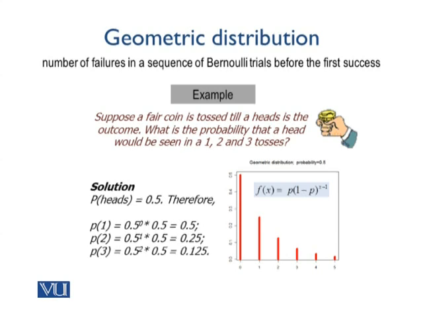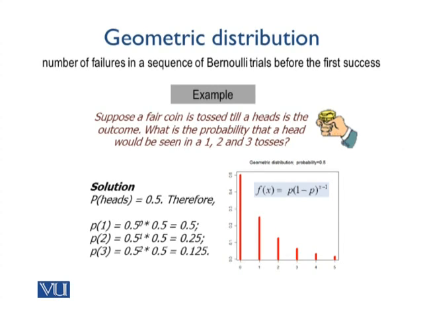If you want to get heads on the second trial, then you would have 1 failure and 1 success. In that case, your probability would be 0.25. If you are interested in finding out the probability of getting a heads on the third trial, you would have 2 failures and then a success, giving you a probability of 0.125.